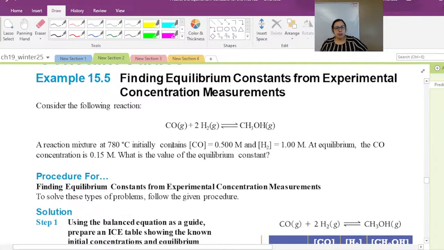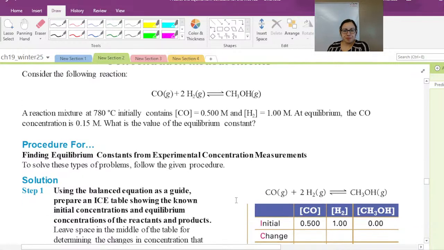And so first, let's just set up our reaction here. So we're looking at CO plus 2 equivalents of H2 to give us methanol. And then we're given some initial concentrations. So it initially contains 0.5 molar concentration of CO, 1 molar concentration of H2, and then we're given our equilibrium concentration.